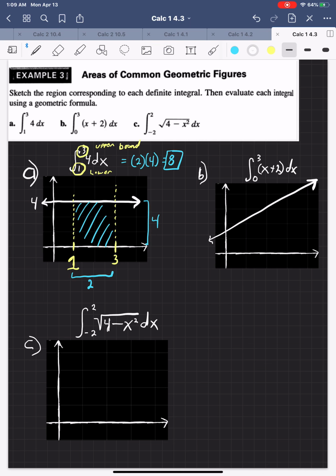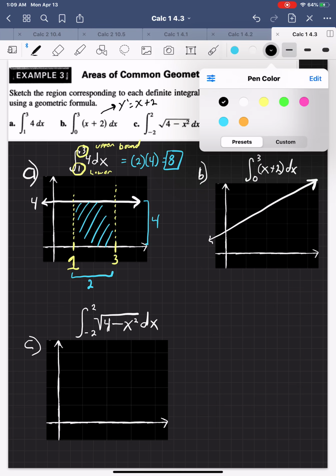Just in case that's confusing to you, let me get a darker color here. The way you would think about this is y prime is equal to x plus 2. Okay, so that's the graph that we are graphing right now.